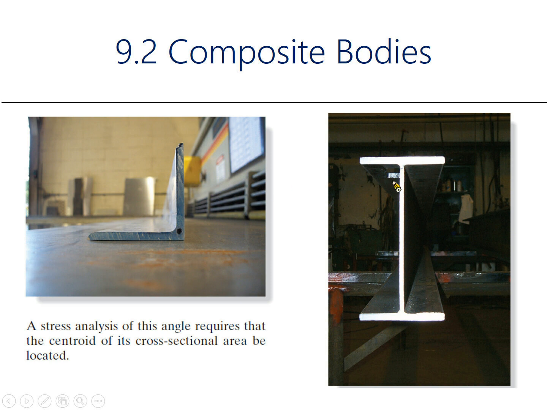And on the right hand side, this one is the simplest, most popular beam we can see everywhere. So for a cross section like this, we have to work out the centroid of area because it will influence our further knowledge, and it will be discussed in a further topic.